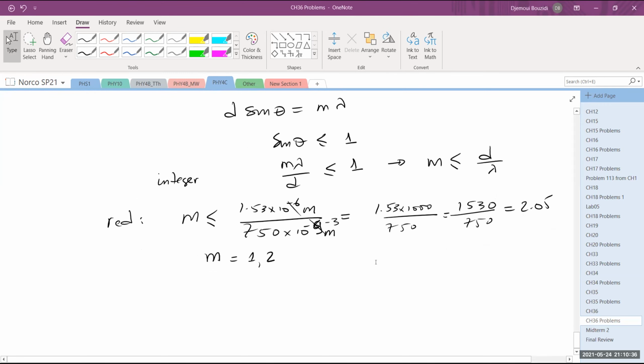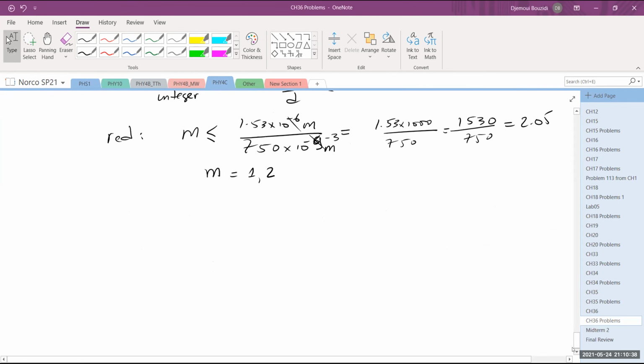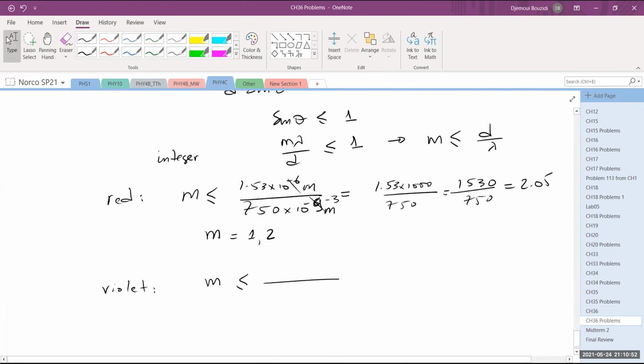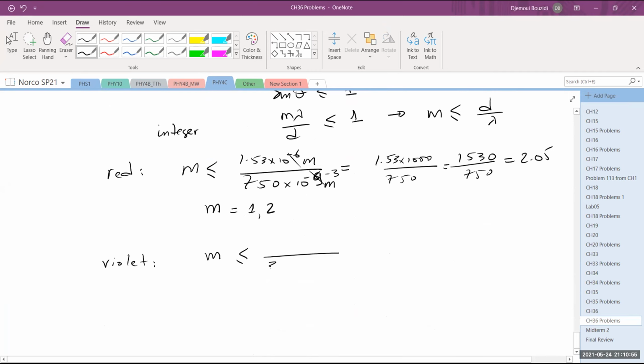For the violet, m must be less than or equal to d over the lambda for the violet, which is 380. It's the same algebra, basically, with 1.53 times 10 to the power 3.